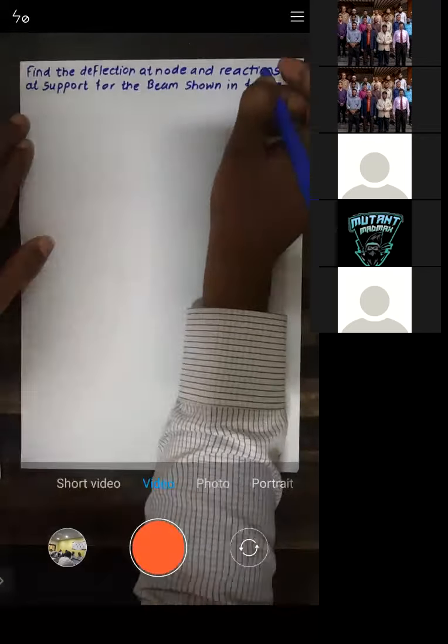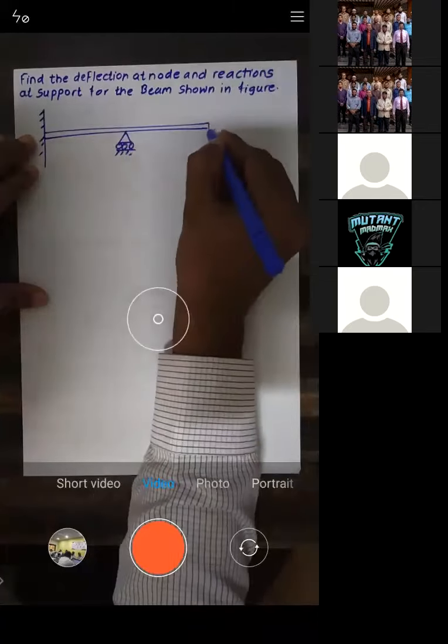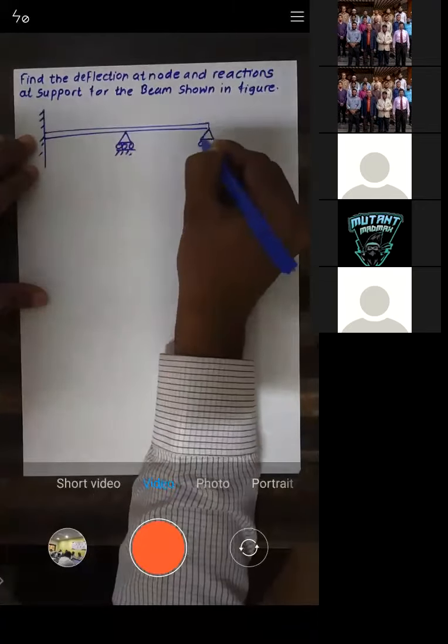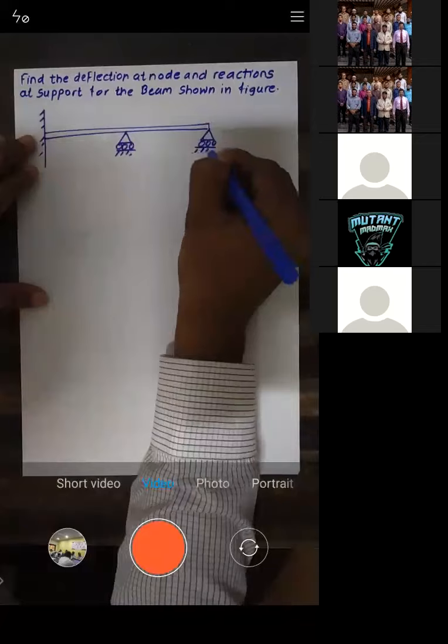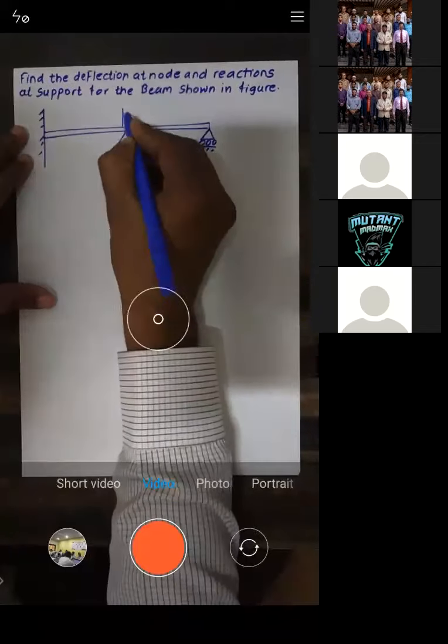At one end it is fixed. So this is the beam given. Here they have a roller, also here they have a roller.